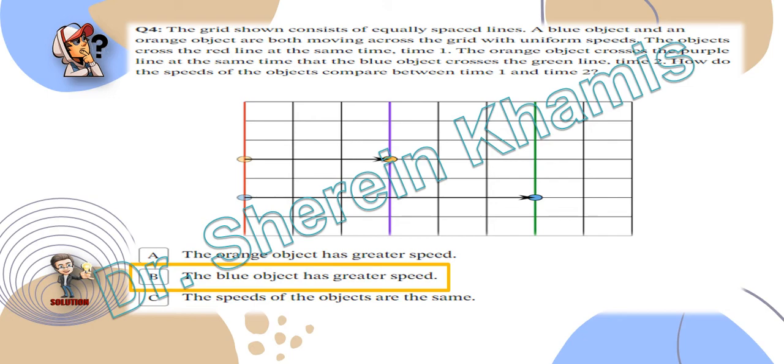If we make the comparison according to the time, the orange object moves less, so it will be less. If we compare the orange to the blue, the orange object moves with less speed, but the blue object has a greater speed compared to the orange one. Okay, let's go to question number 5.